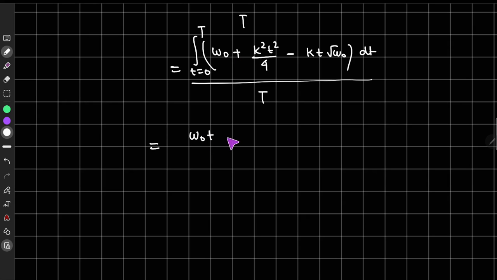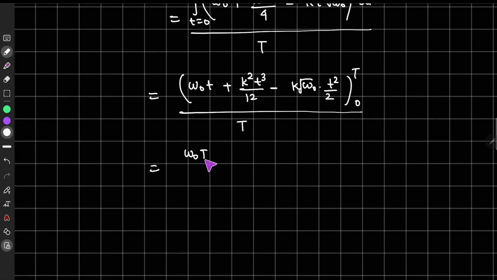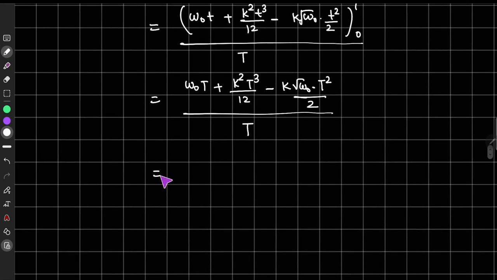So we can write omega naught t plus k squared t cubed divided by 12 minus k times root of omega naught into t squared by 2, from 0 to capital T, whole divided by capital T. One capital T gets cancelled and we get omega naught plus k squared by 12 times T squared minus k times root of omega naught by 2 times T.